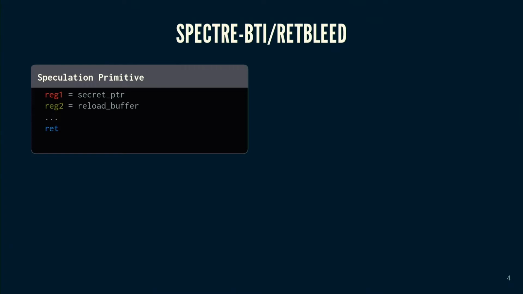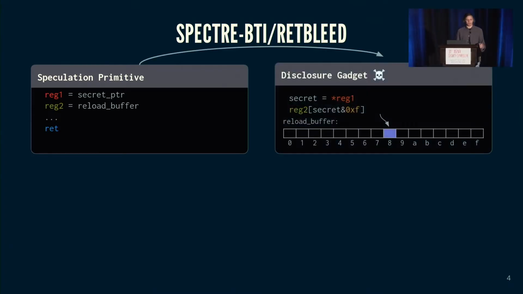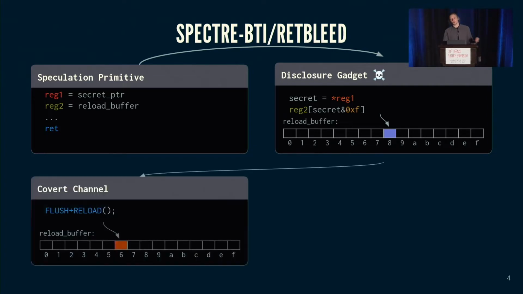They use this to hijack the speculative control flow and take it to something we refer to as a disclosure gadget. Here the secret is dereferenced and then used in a secret-dependent access in the shared memory buffer. This allows the attacker, in his own execution domain, to infer what the secret was by accessing this buffer and measuring how fast they can access it, since what has been recently accessed is going to be a bit faster.